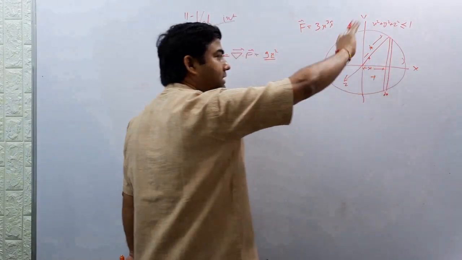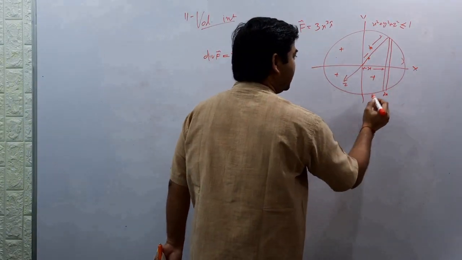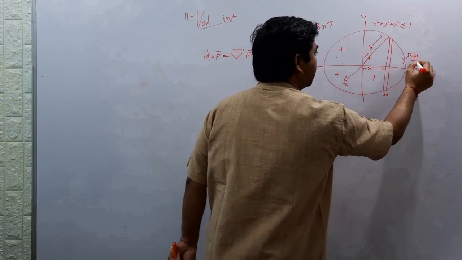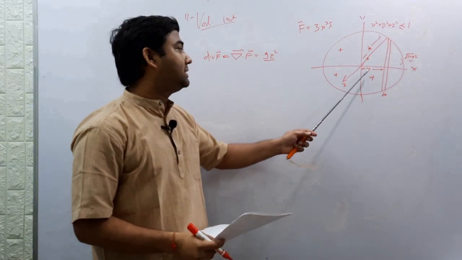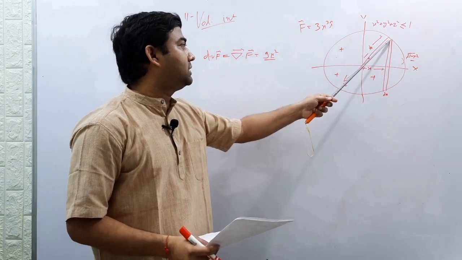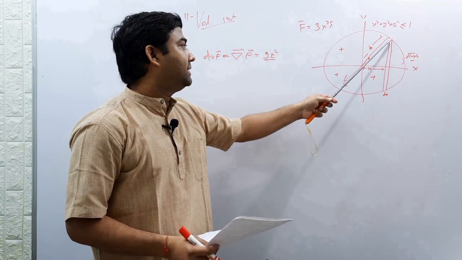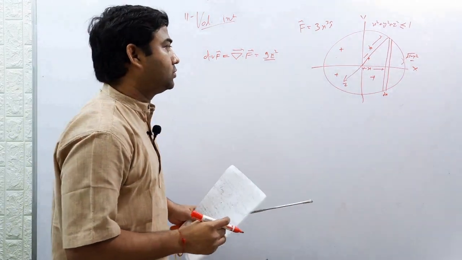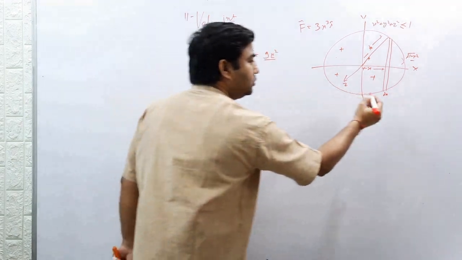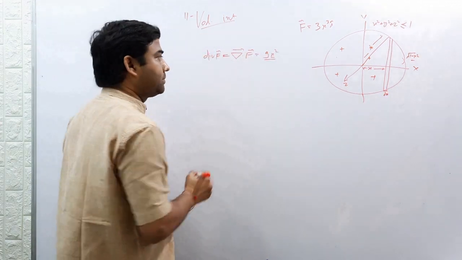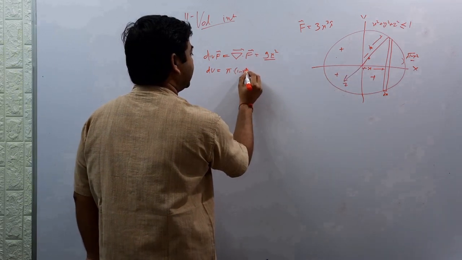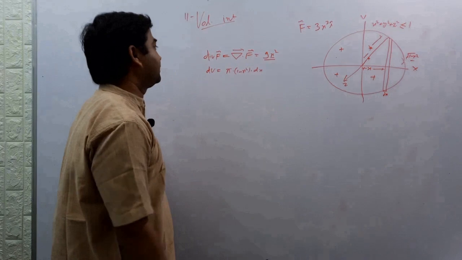So the radius of this disk is under root 1 minus x square, by Pythagoras theorem: this is x, this is 1, the radius is 1, this distance is x. So the radius of the disk is this. The volume of this disk is the surface area of the disk into the height of the disk. So dV is equal to pi r square, pi times 1 minus x square, into dx.